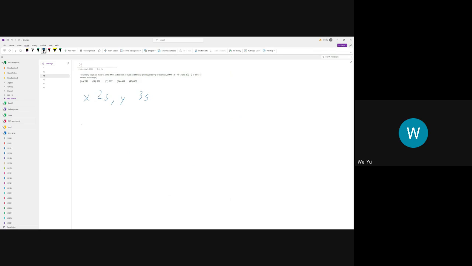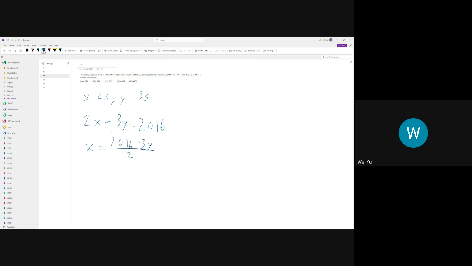And so we have that 2x plus 3y is equal to 2016. Notice that we can now solve for x as (2016 minus 3y) over 2.